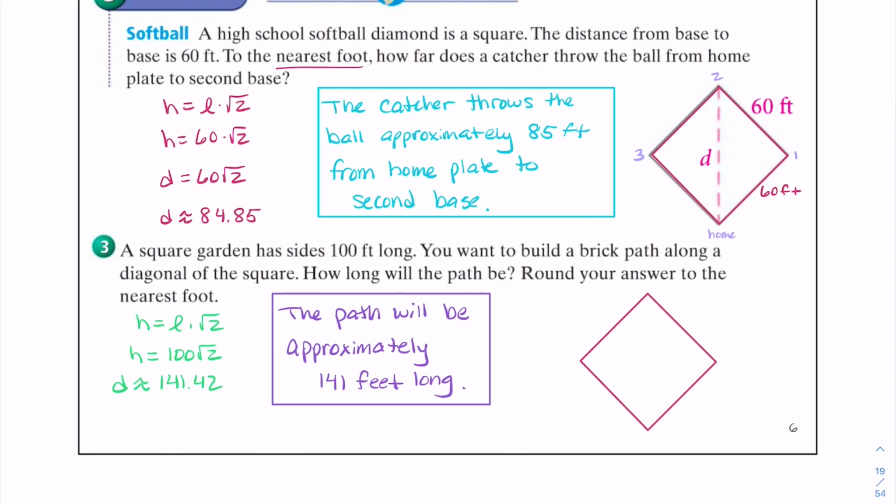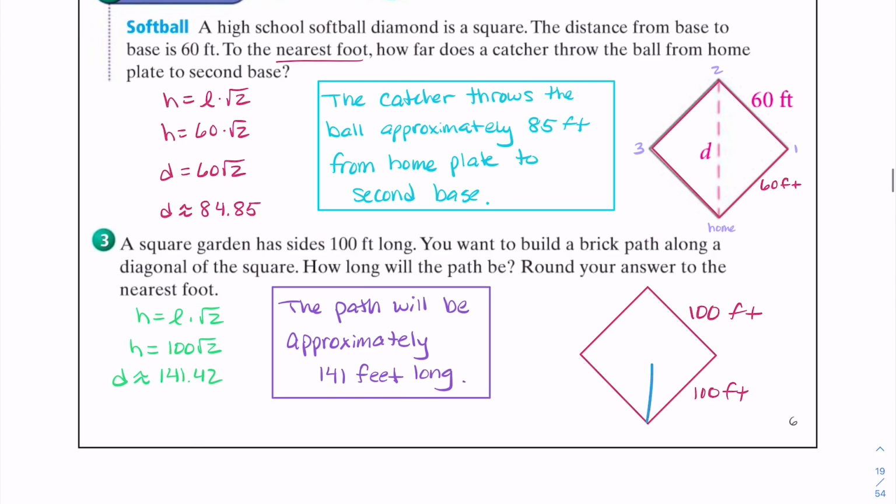So we'll say 100 feet. And then this diagonal here is going to be approximately 141 feet, which is 100 square roots of 2. We'll leave that off. Okay, where this one was approximately 85 feet.